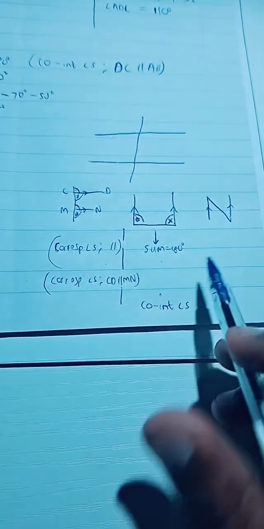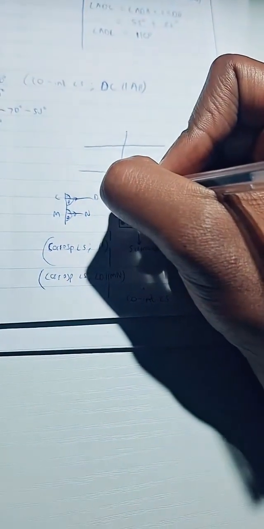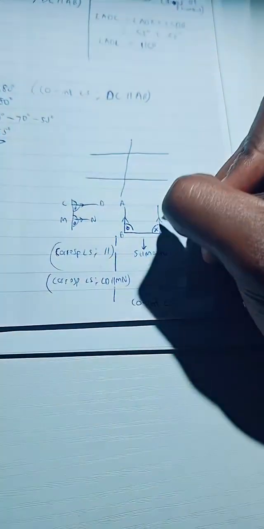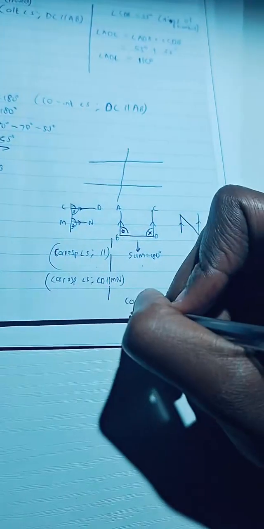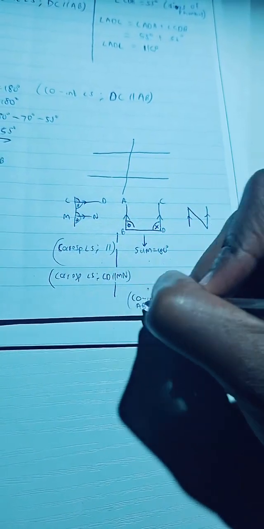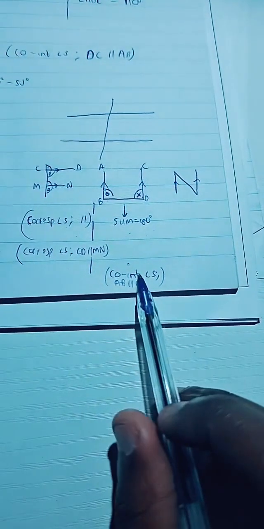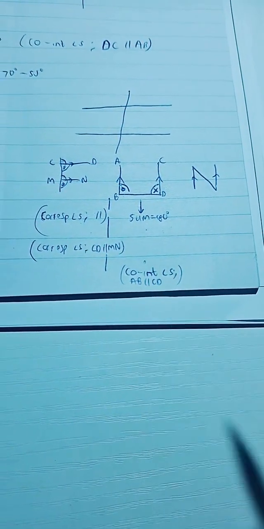Why co-int angles? That's short for co-interior angles. Then please, guys, this is AB, let's say, and that is CD. You state the lines that are parallel, semicolon. AB is parallel to CD whenever you use this reason. So it's co-interior angles followed by stating the lines that are parallel.